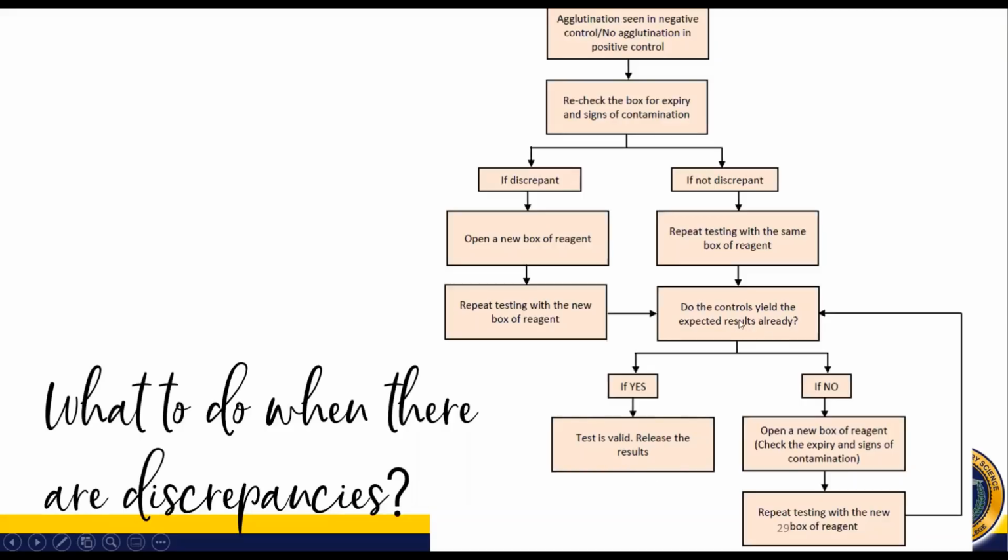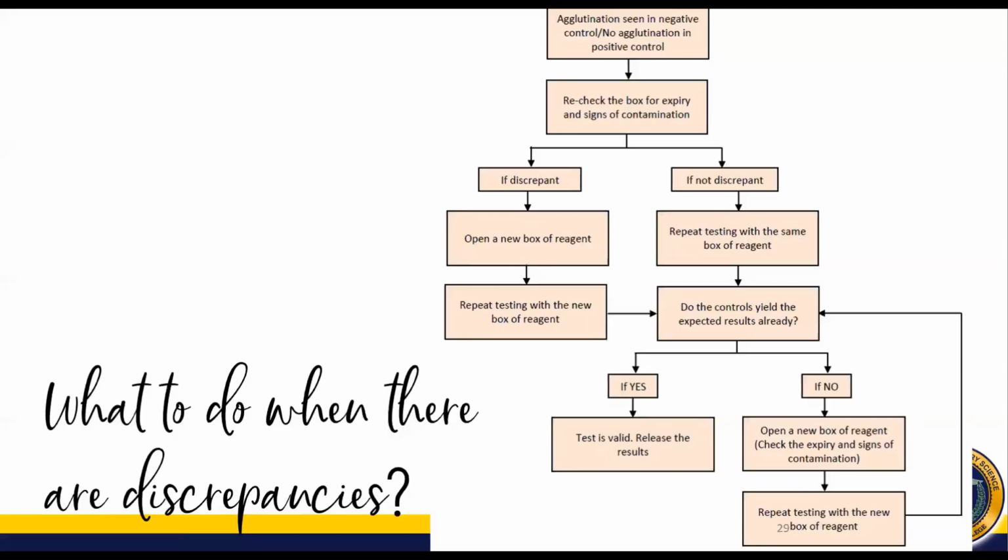But if during repeat testing using the same box of reagent, na-encounter mo ulit yung discrepancy, you have to open a new box of reagent and then check the expiry, check for signs of contamination.